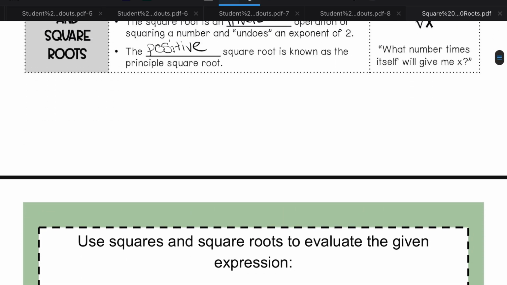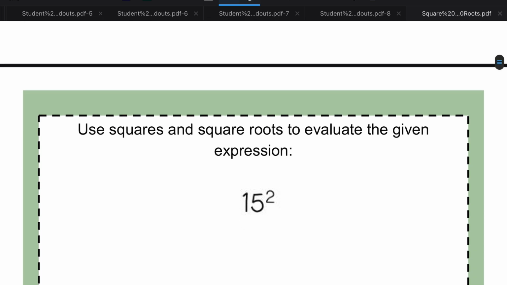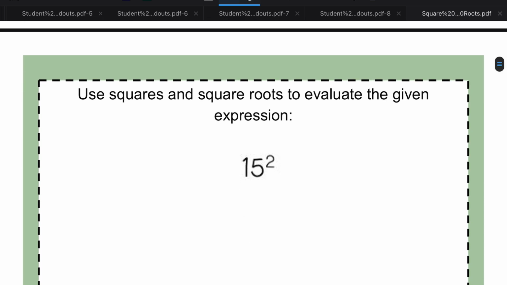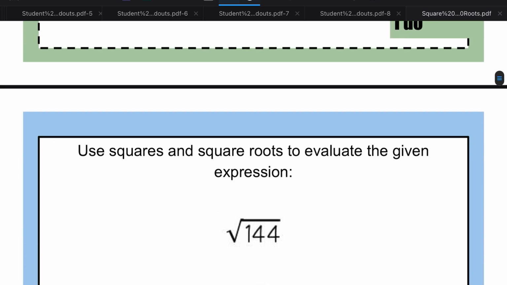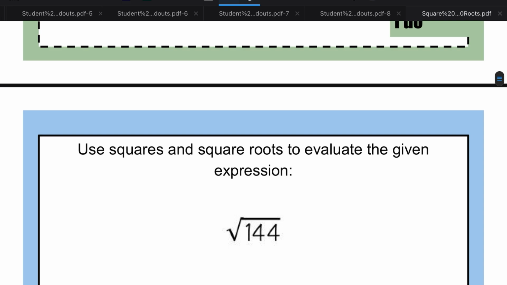So just to go over some of these, we have 15 squared is 15 times 15, or 225. We have the square root of 144, so we're thinking what times itself equals 144, and that would be 12.